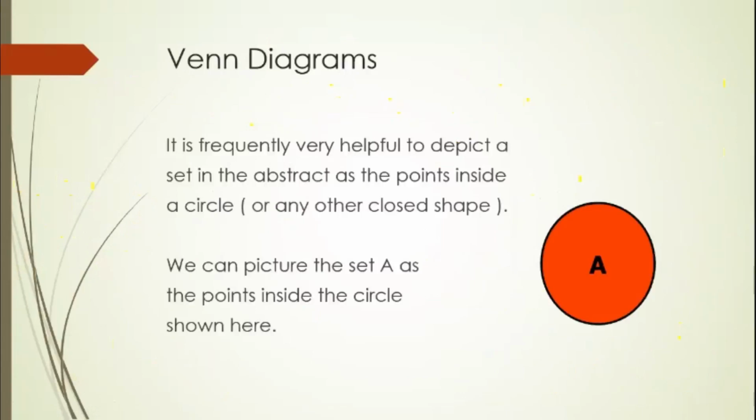And next we have the Venn diagram. It is frequently very helpful to depict a set in the abstract as the points inside a circle or any other closed shape. Some others use rectangles, squares, pentagons, hexagons, as long as it is a closed shape figure.